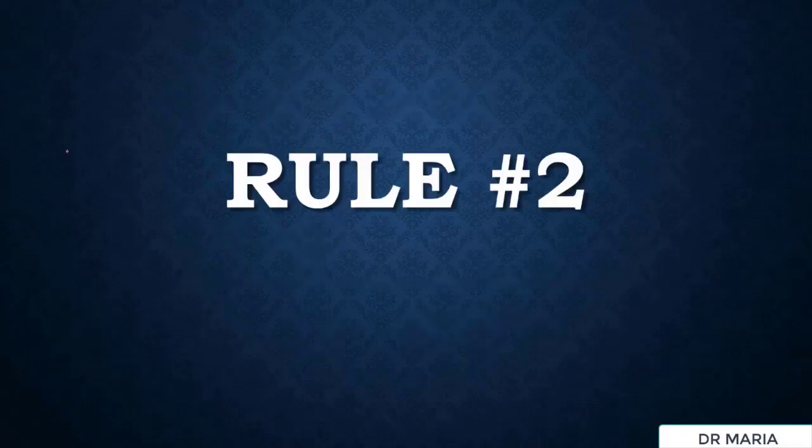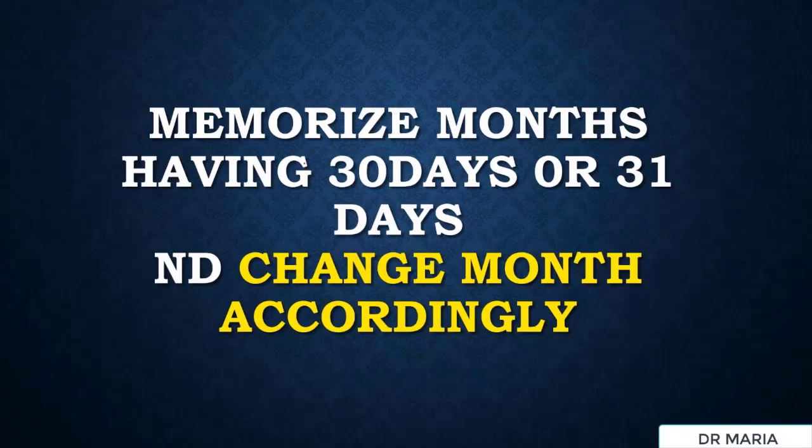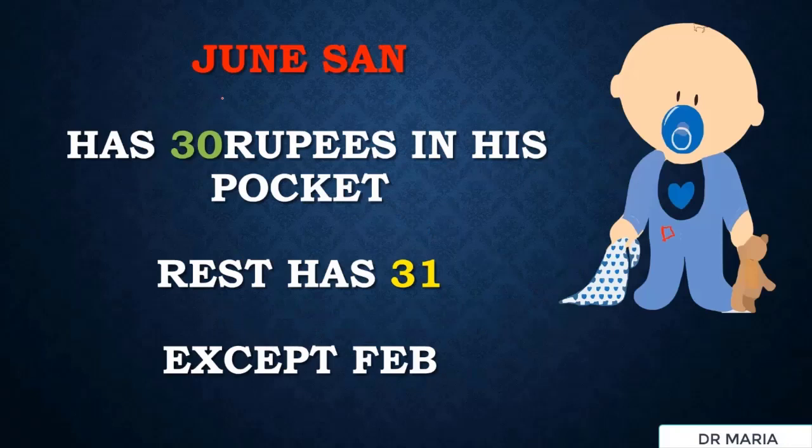Now we will apply further rules to calculate EDD from tricky LMP. Rule number 2: memorize the months having 30 days or 31 days and change the month accordingly. I have made the mnemonic June Sen to memorize the months having 30 days. June Sen is the name of this child.